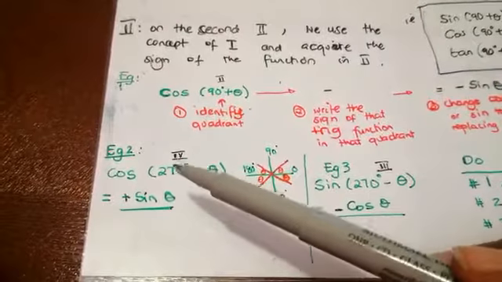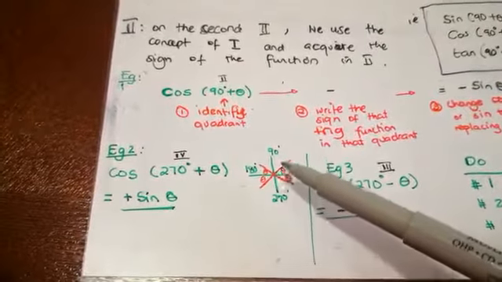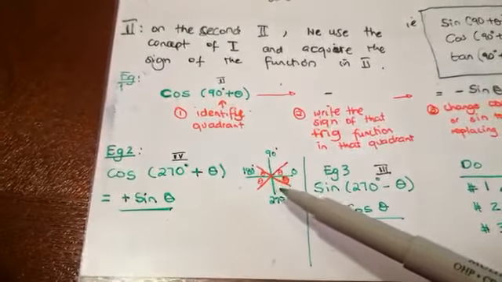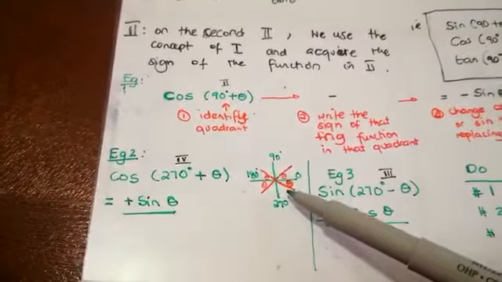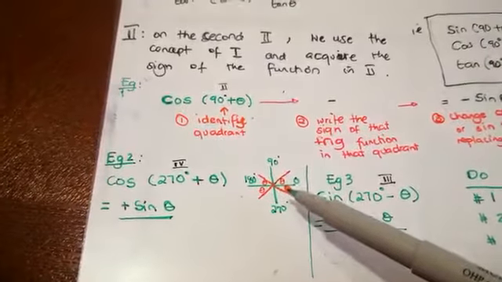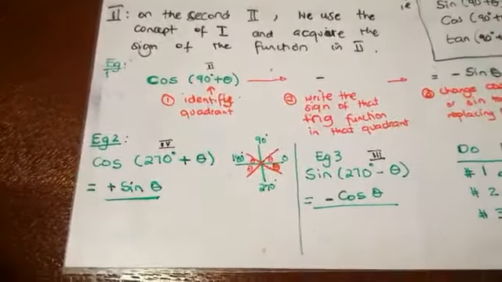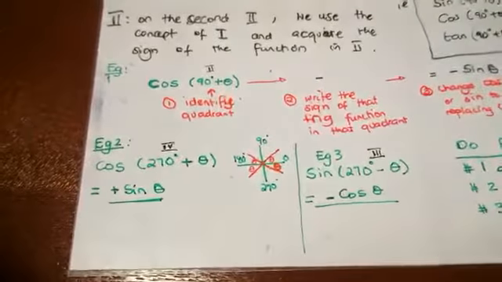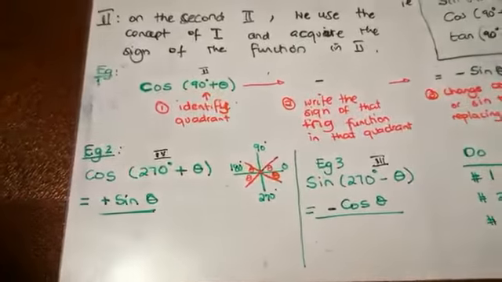So 270 plus theta means I've already passed 270 degrees, and plus theta means I am now in the fourth quadrant. Remember, theta represents an acute angle. So if you say 270 plus 20, it will push you into the fourth quadrant.